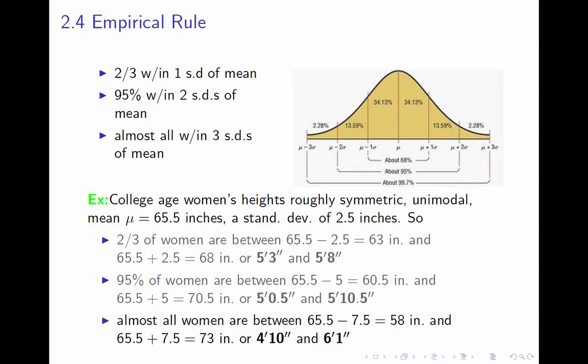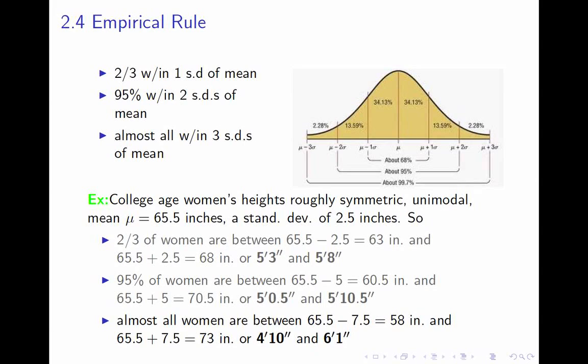And the final claim is that almost all women are between 58 inches and 73 inches, between 4 foot 10 and 6 foot 1. A woman outside that range is extremely unusual. Of all the college-age women you know, maybe one of them falls outside that range. 3 standard deviations is extremely unusual.